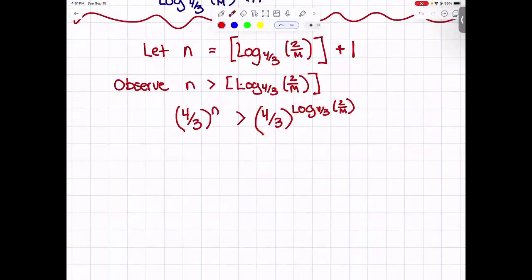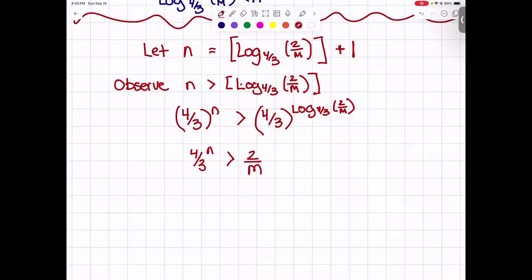When that log is up there, effectively what ends up happening is that they will not cancel out, but effectively the log up here, having the same base as this, allows us to, just as we did before, pull this down. So what we actually end up with is 4/3 to the n greater than 2 over m.